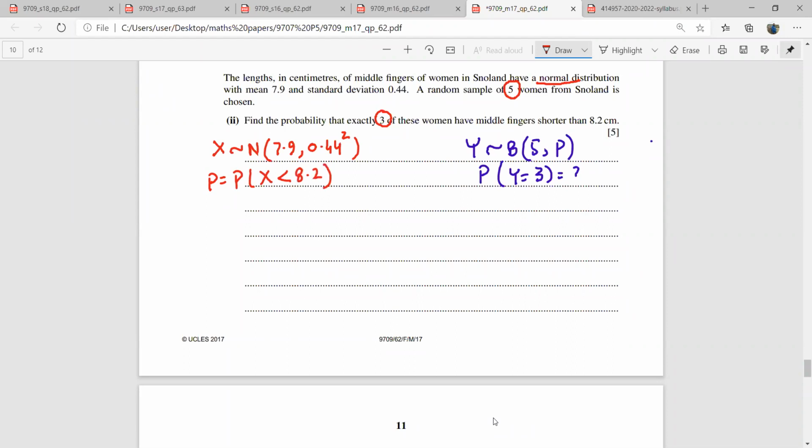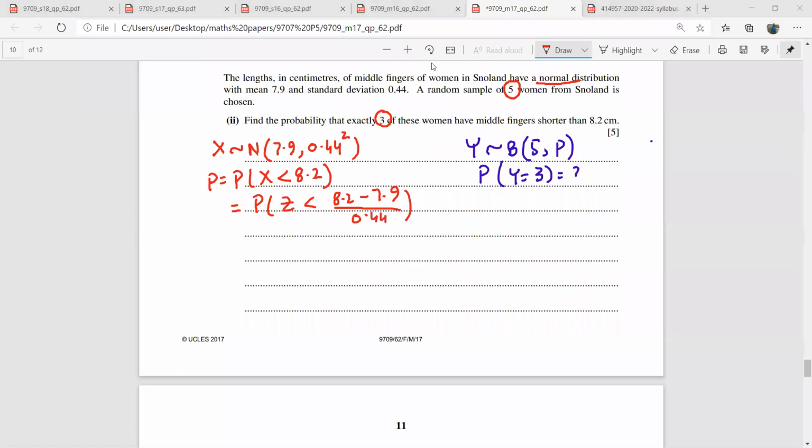So you will have to find the probability of success of this binomial distribution from this normal distribution, so we'll straight away go for standardization. This is going to be the probability that Z is less than (8.2 minus 7.9) over 0.44.